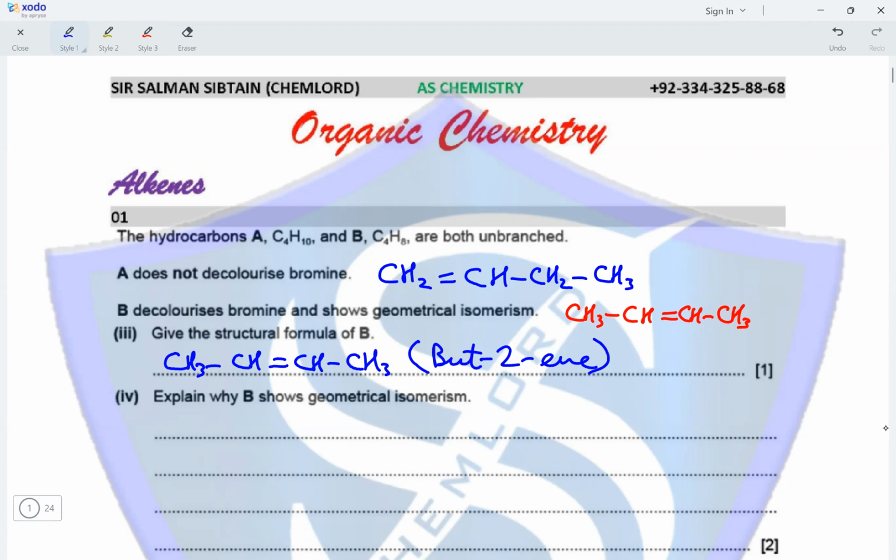but-2-ene. Explain why B shows geometrical isomerism.